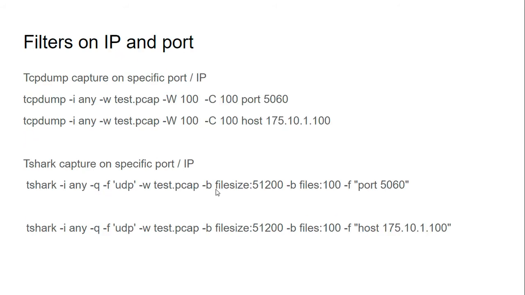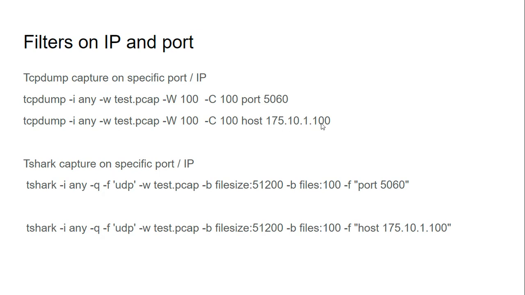Now when we are capturing data, there may be a requirement where data is coming from different ports and different hosts. So we can filter the data on port. If I mention port 5060 like this, it will capture data from port 5060 only, both in and out data on 5060.